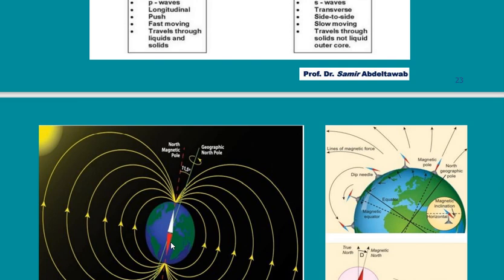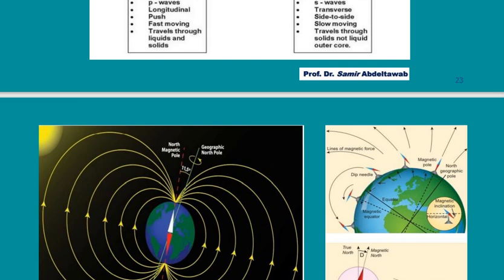But if I put the compass, it will not take the geographic north, it will be deflected a little bit. Why is this deflection? Because the compass follows something called the magnetic field of the Earth. The magnetic field of the Earth is not matching with the true north.